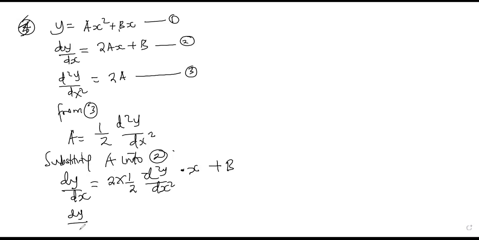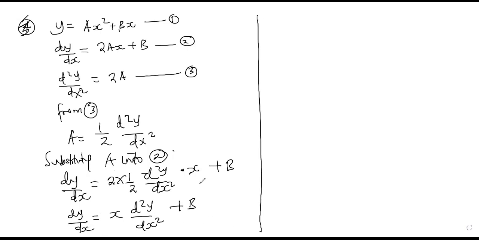So dy dx is equal to, this one will cancel, so I will have x d2y dx squared plus b. So this will give me the value of b, which will be b is equal to dy dx minus x d2y dx squared.